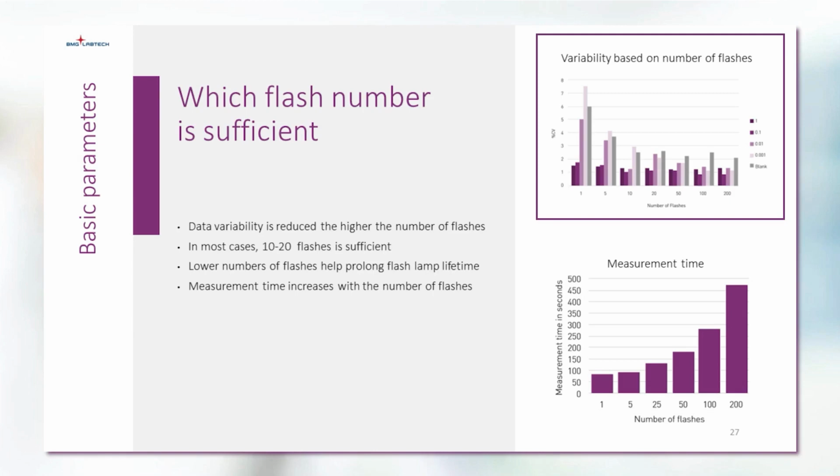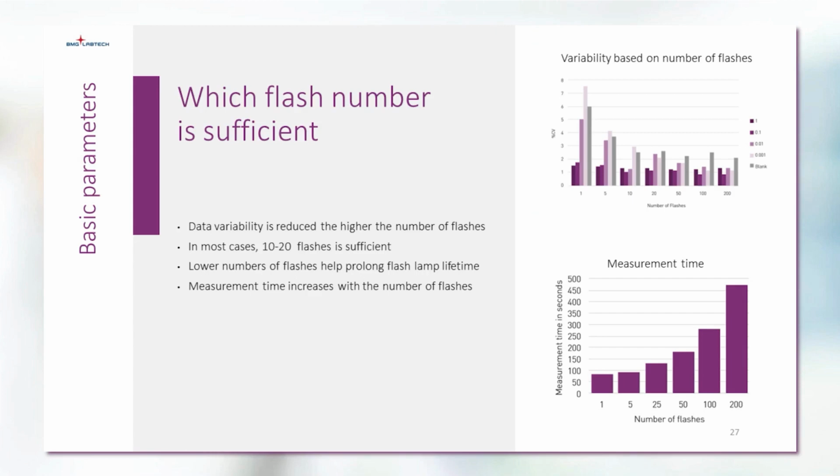As you can see, while 1 and 0.1 nanomolar samples had low variability even when using only one flash, variability was significantly increased for low concentration and blank samples, which are the two pink curves and the gray curve in the graph. Here, an increase in number of flashes resulted in a decrease in variability, which is desired.